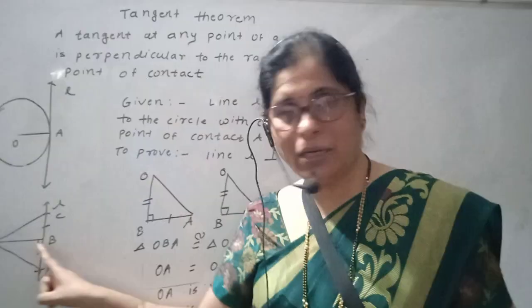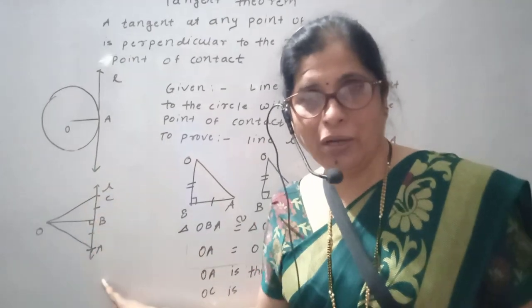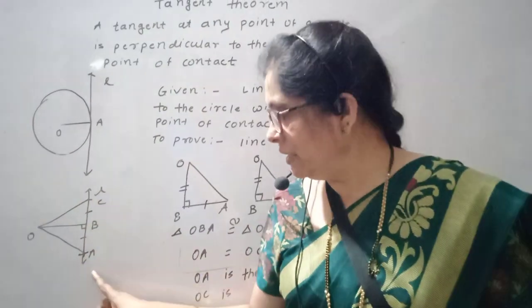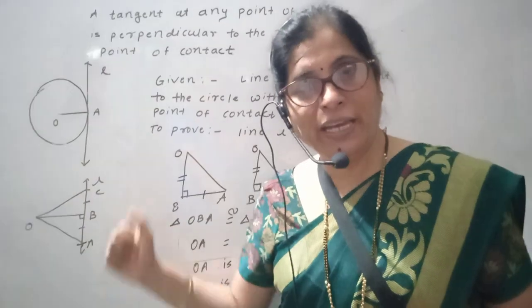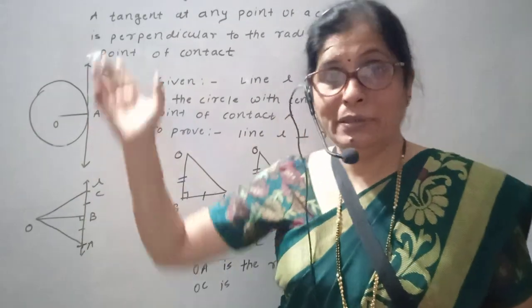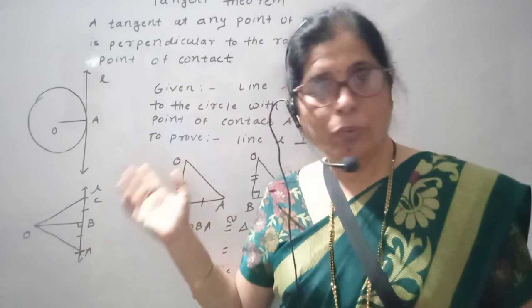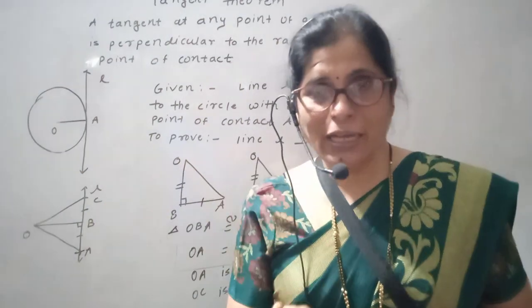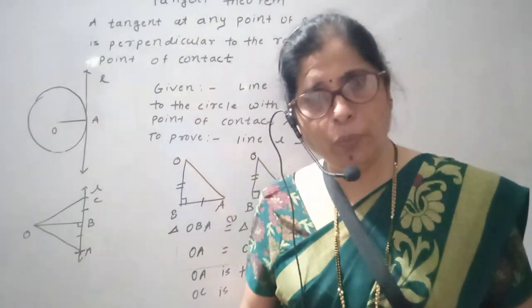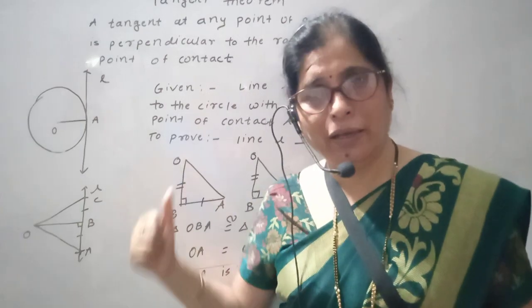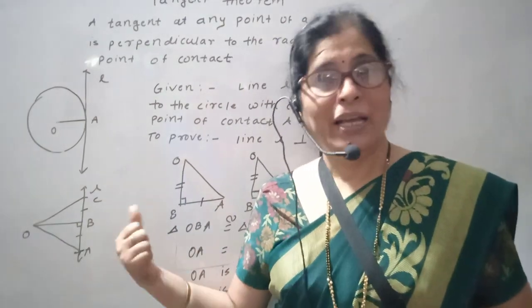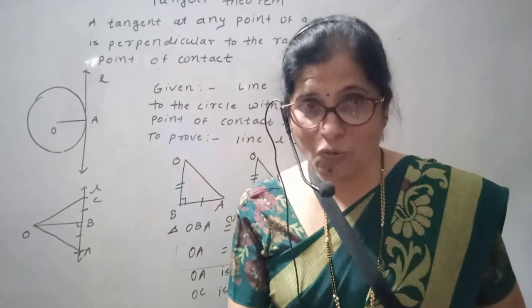Here we have considered that OB is perpendicular to line L, and then what are we getting? Two different points A and C, with the tangent passing through them. We know that a tangent can pass through one and only one point. Then how is it possible that two different points A and C are present? Means what?